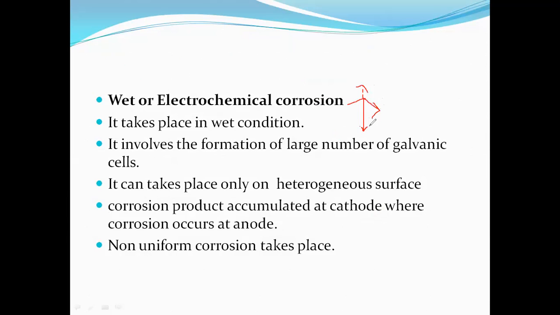The first condition is the moisture condition: an environment containing moisture, containing water, H2O, and this moisture contains oxygen. It is known as the neutral medium. So the first condition is a wet condition, aqueous condition, or moisture condition.